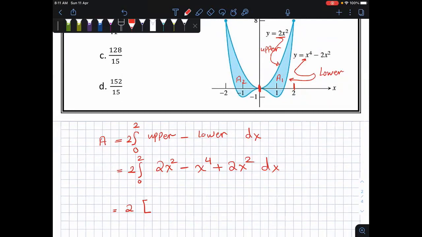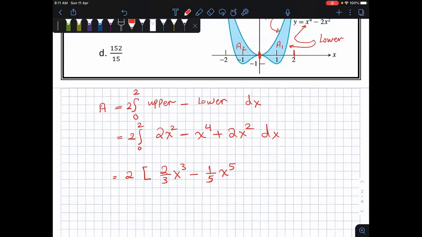Then 2x to the power of 2, its integral will be 2 over 3 x to the power of 3 minus 1 over 5 x to the power of 5, and you know this basic fact of integration by adding 1 to the exponent and dividing by the new exponent. 2 over 3 again, x to the power of 3, and then this from 0 to 2.